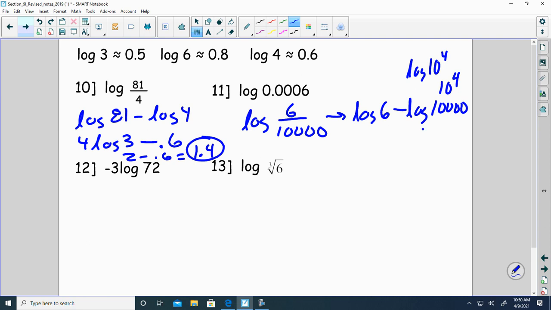Just 4. Okay, it's 4. And log 6, they told us up top, is 0.8. So I get 0.8 minus 4. So this is going to give me negative 3.2. Yes, there is a decimal between the 3 and the 2, just because it seemed like a good idea to do it that way.